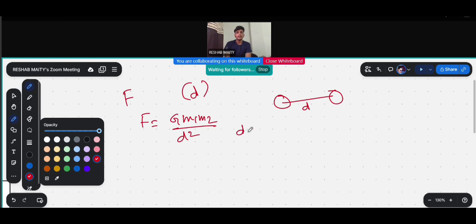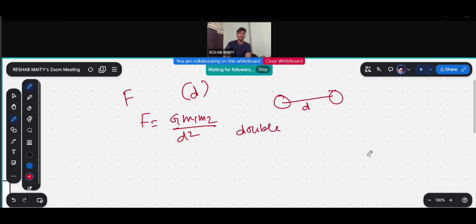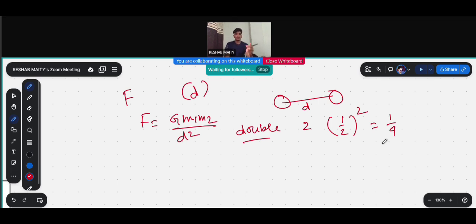If we double the distance, you just need to inverse it and then square it. Double means two times, so inverse it and square it. The new gravitational attraction force will be 1/4 of the previous one.